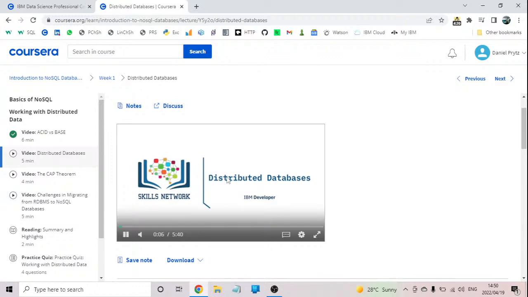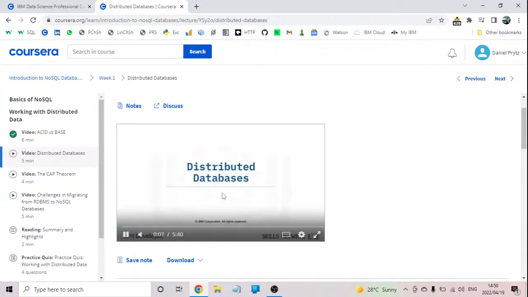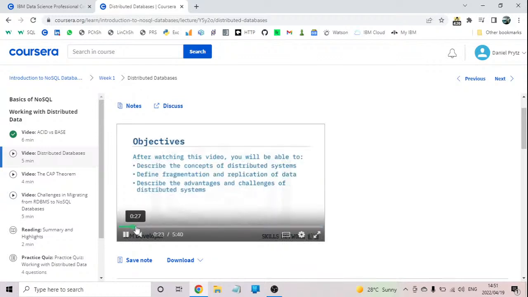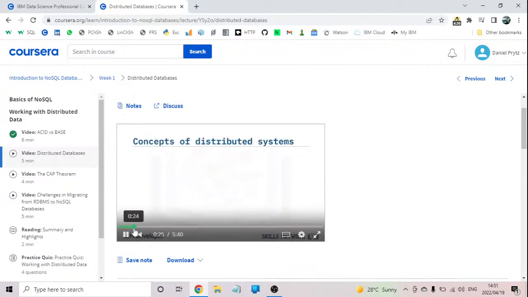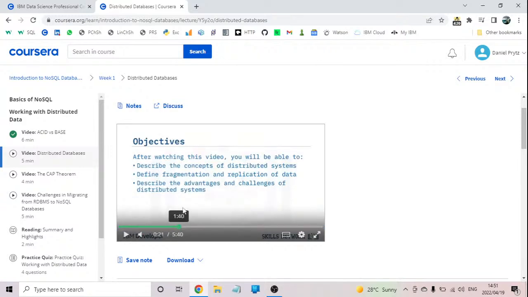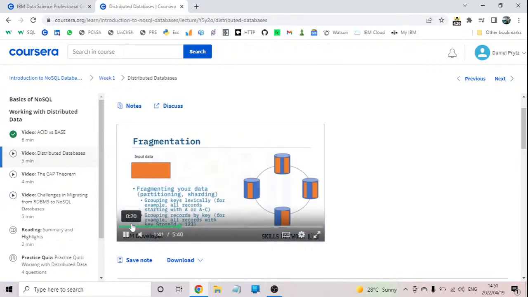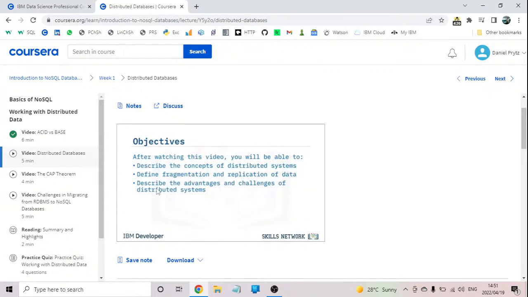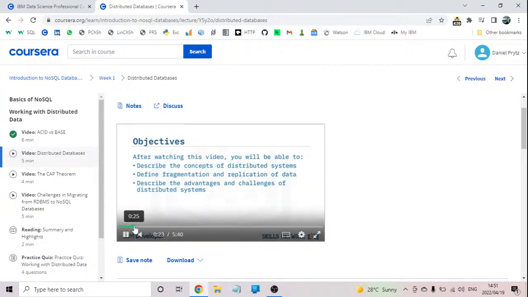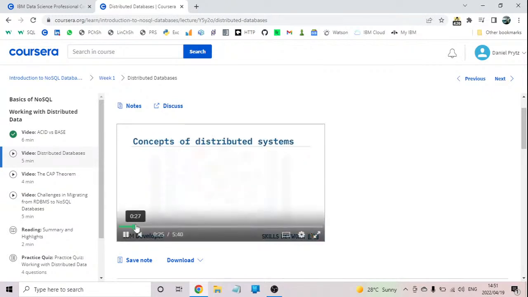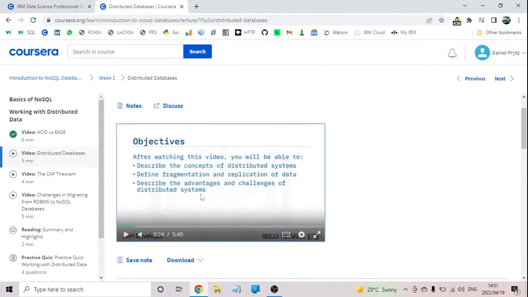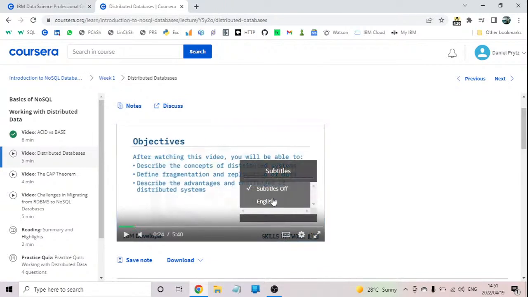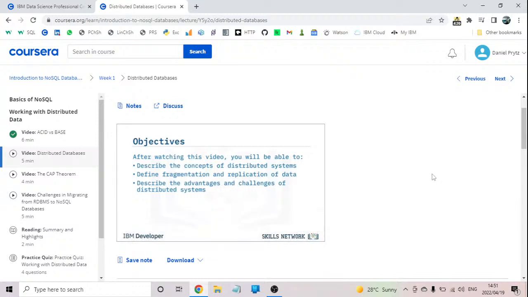That definitely is an idea. Okay, distributed databases. Okay, let's go to our learning objectives. How many are there? It's just 3. Oh, just 3. Okay, hang on. I just missed it. Wait for it to skip. Okay, that's fine.